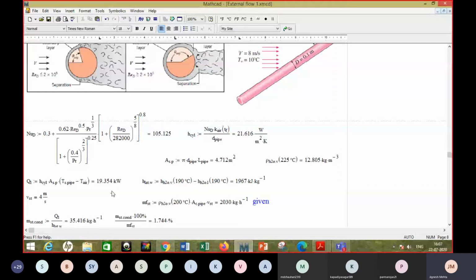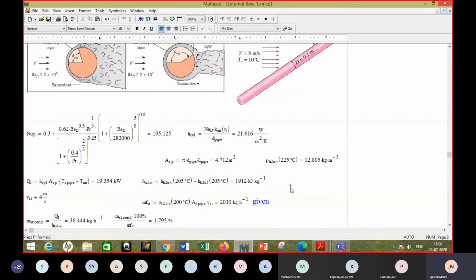Now this temperature at which this condensation is occurring, like it is told that the surface is at 200 degrees Celsius, and the steam was at 205 degrees Celsius. So let's get the latent heat, and where do you get this latent heat from?